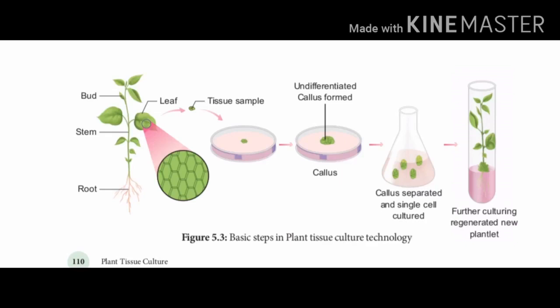In the test tube you can find small plantlets grown. This is what happens in plant tissue culture, and once the plant is grown, we transfer it to a hardening process, that is planting it in the soil and exposing it to sunlight.